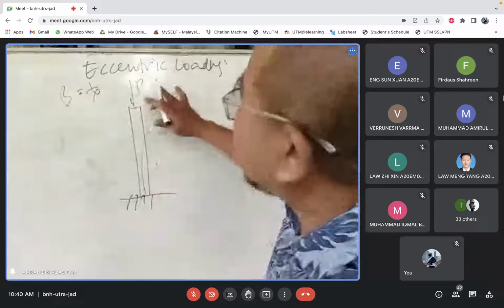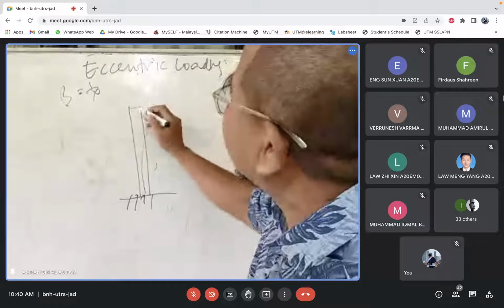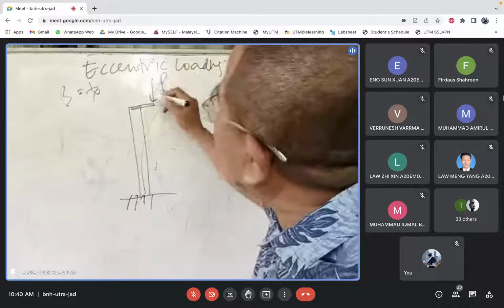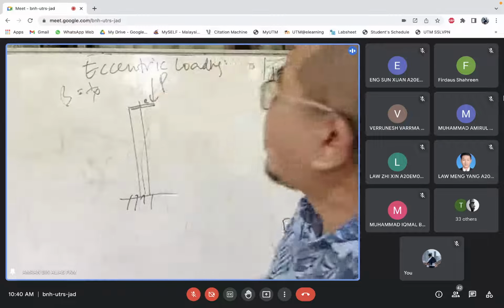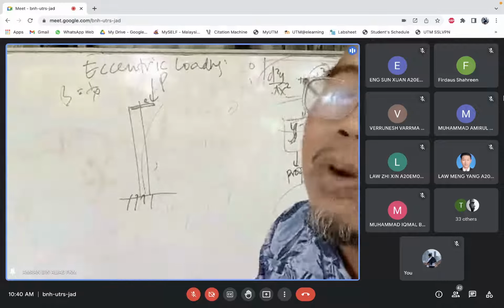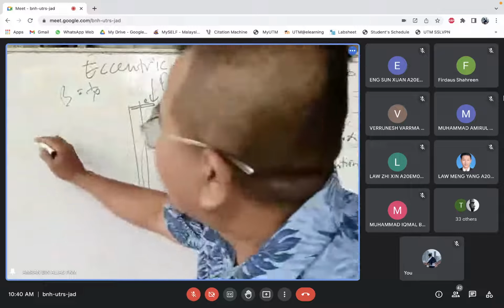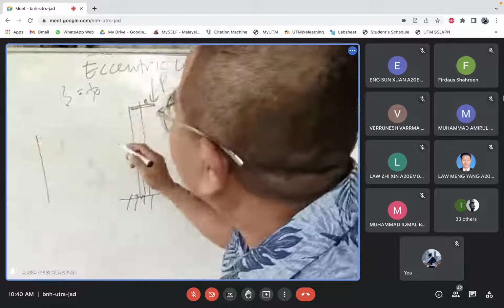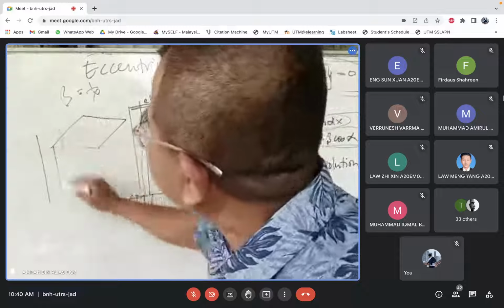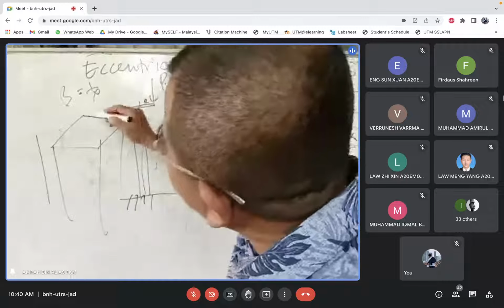But look carefully here. What if there's slightly load there? You call it E there. Distance E, very small. Let's say 10 mm, 10 cm only. Even if we put a cross section like that, that load is not in the middle there.